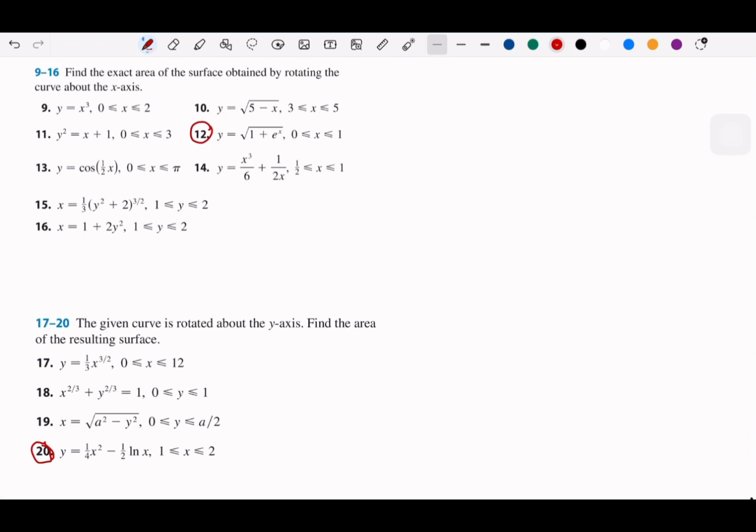So chapter 8 finished. It's actually quite a short chapter. There is another subtopic that I just skipped, which is more about applications in physics. And then we just need the arc length and the surface area for now.